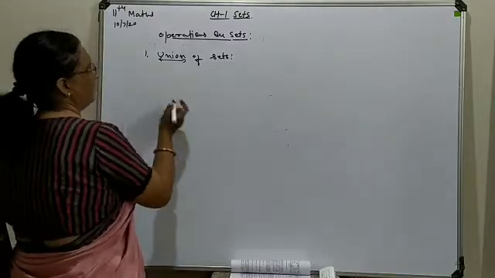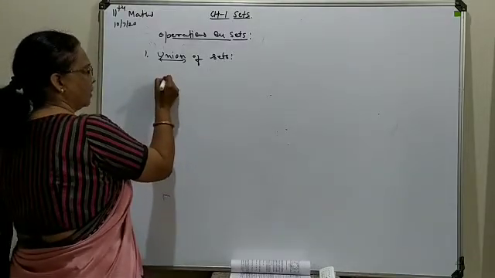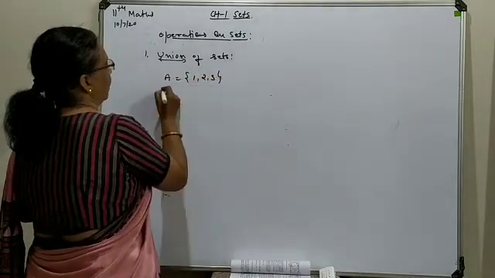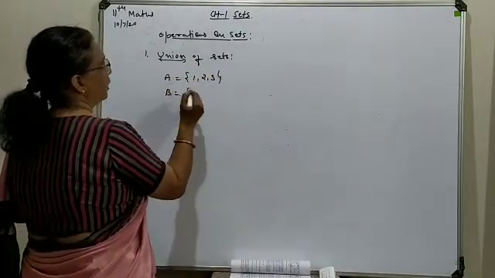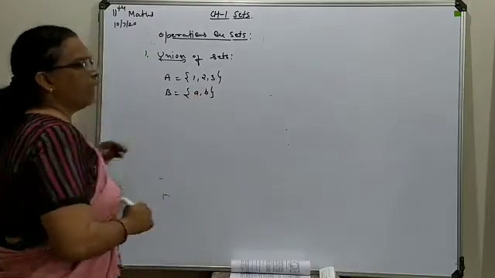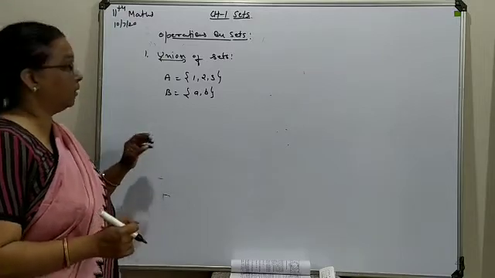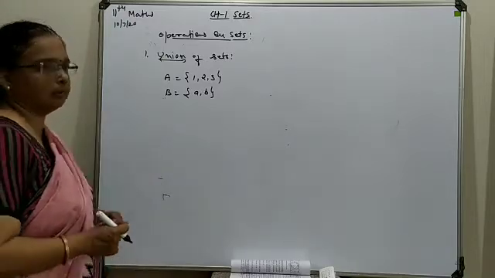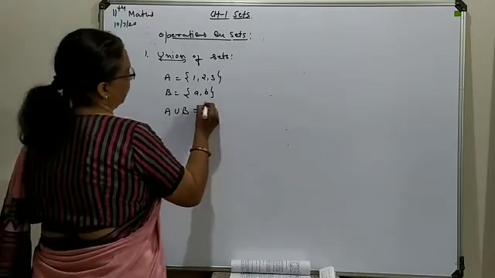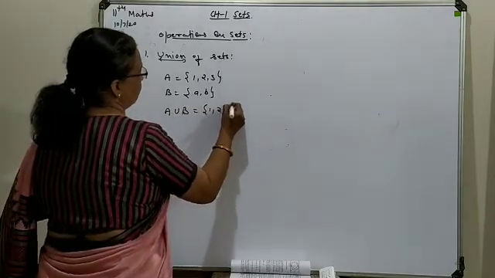So just for example, we take A as 1, 2, 3 and B as totally distinct elements. We are going to write here A and B. In this case, if you write the union of A and B, this is A union B. So formally, it is written this way.